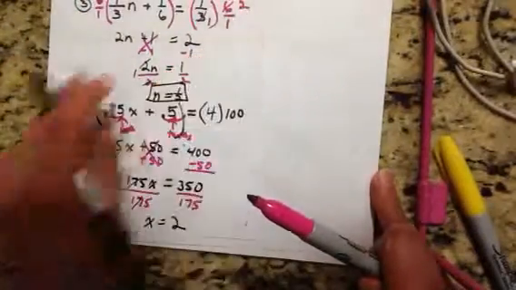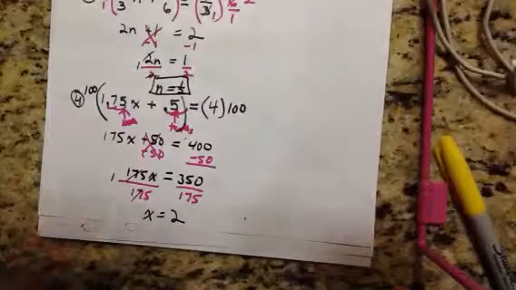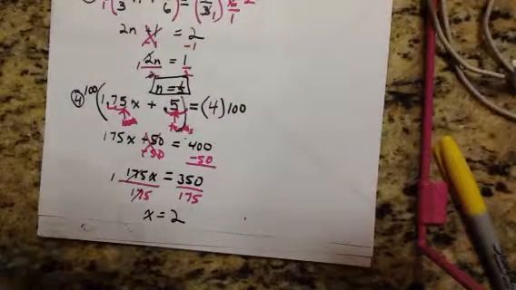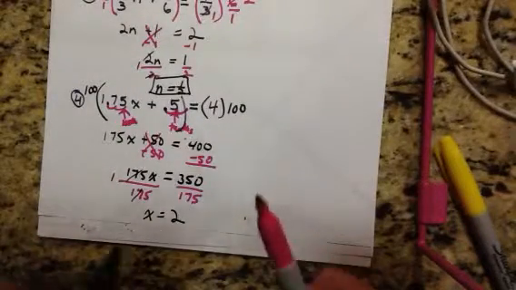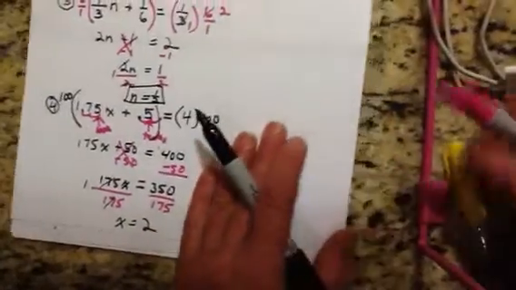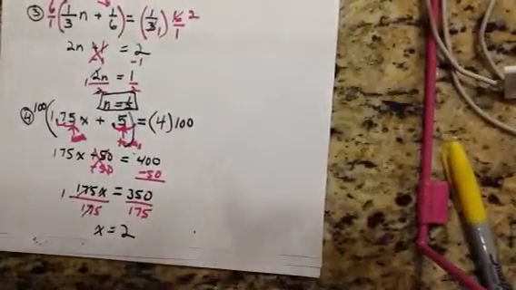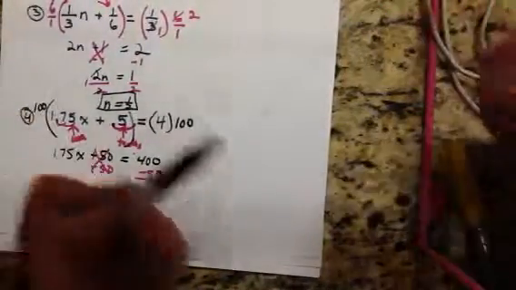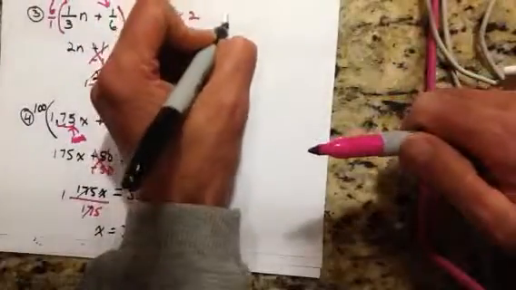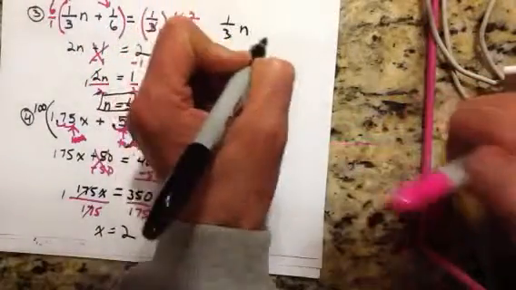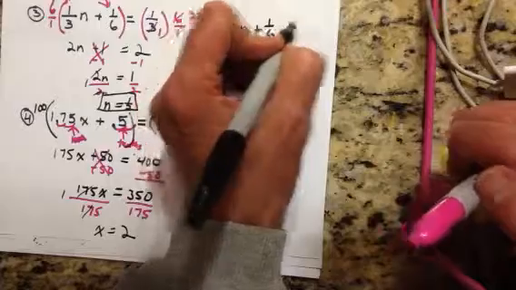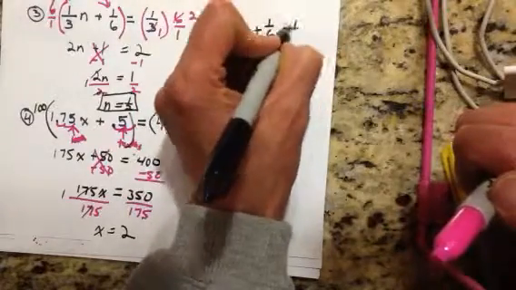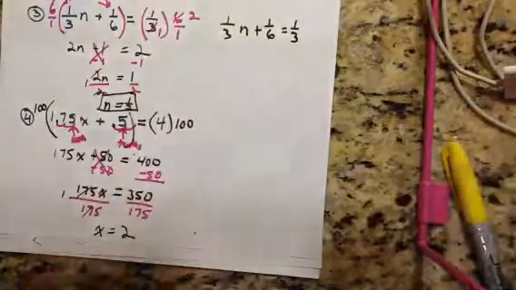So what I've just demonstrated is a method for eliminating your fractions, eliminating your decimals for those that are nervous about working with fractions or decimals. I could have solved this without doing that. For example, 1/3 n plus 1/6 equals 1/3.